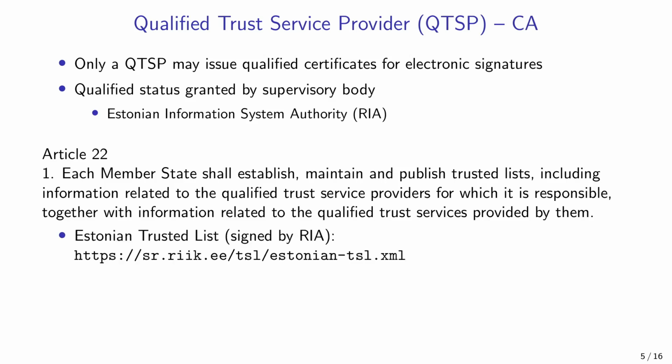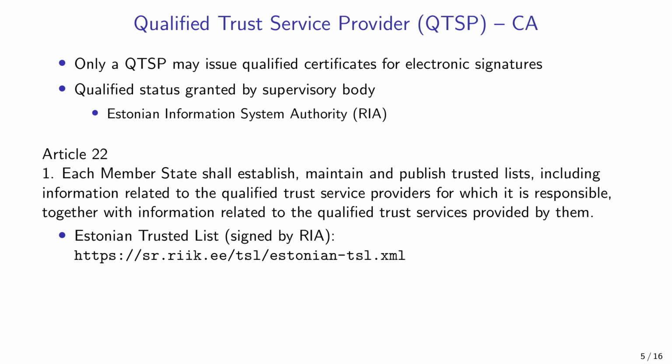The Estonian trusted list signed by RIA is available at this URL in a machine-readable XML format. It contains a list of all the qualified trust service providers and their CA certificates. And it contains a full history, recording when the qualified trust service provider was added, when removed, and so on.